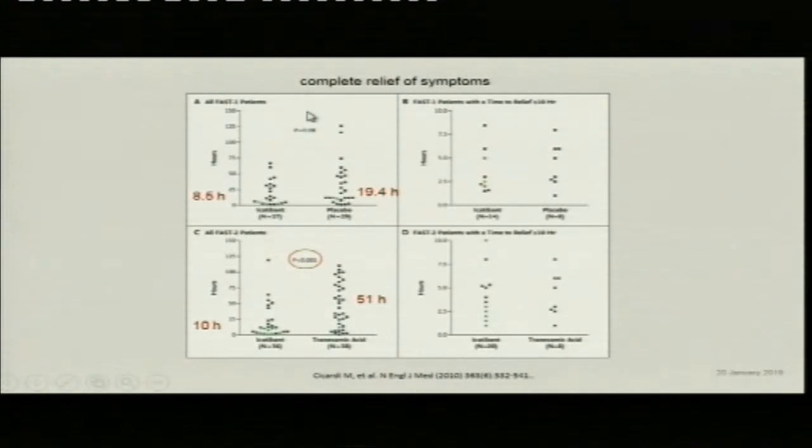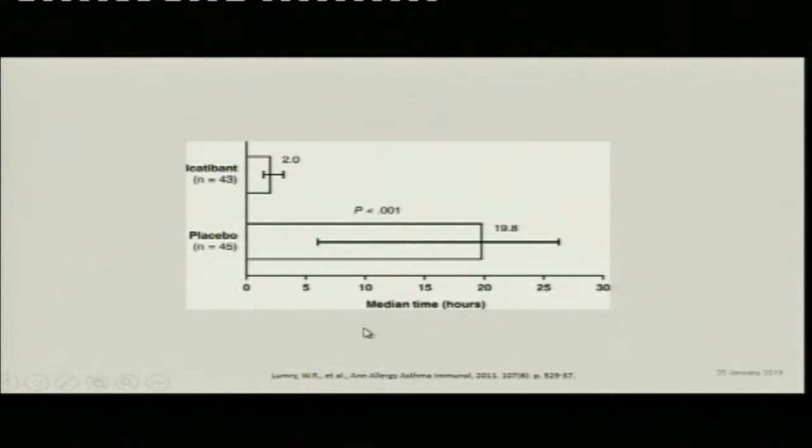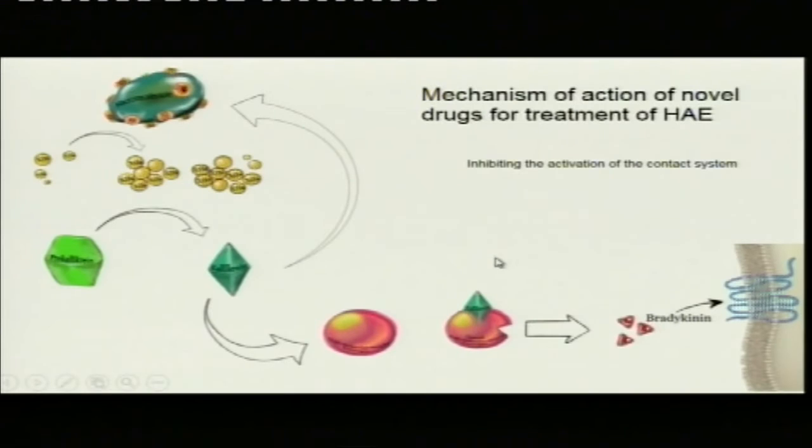For complete relief of symptoms, it took only 8.5 hours compared to 18.4 hours with placebo. In the Phase 2 study, it took only 10 hours compared to 51 hours in the people on tranexamic acid. Phase 3 showed again that it took only about 2 hours at the median compared to almost 20 hours in the people on placebo.